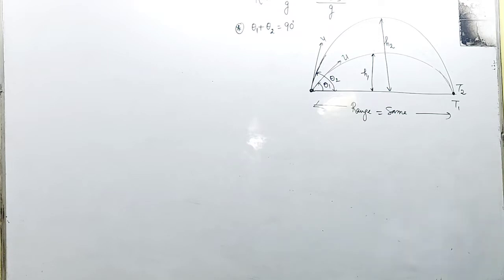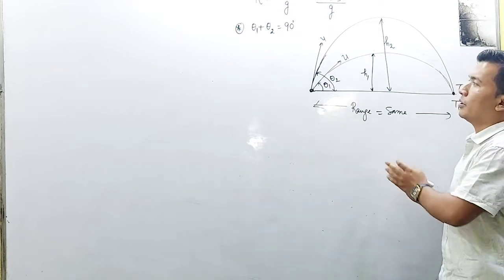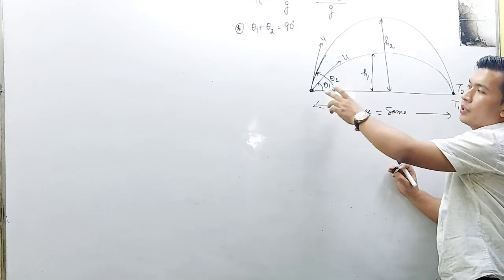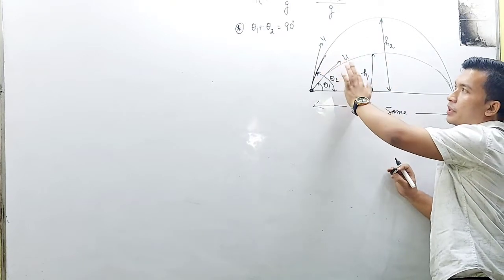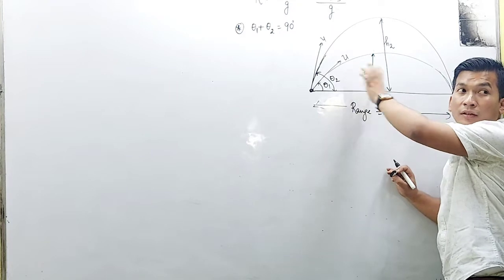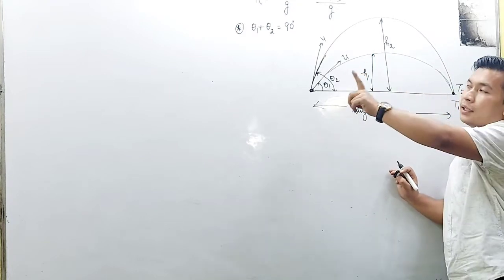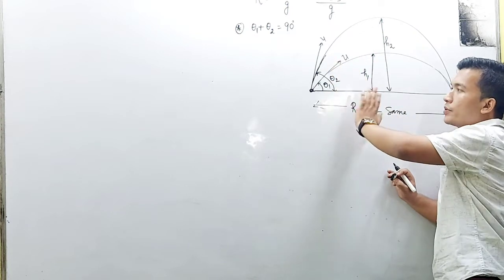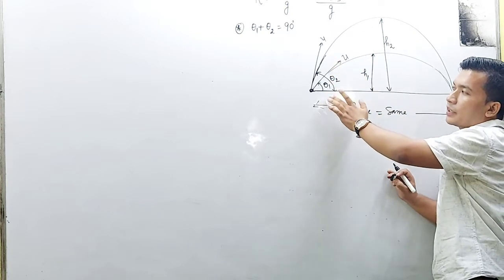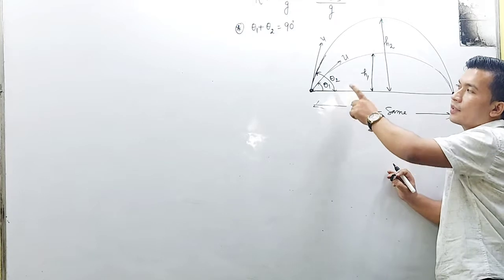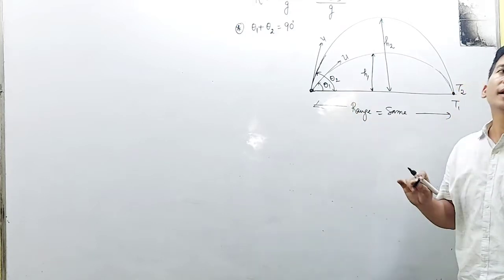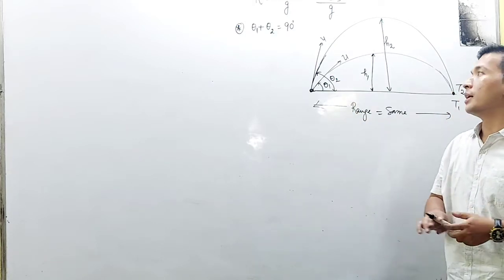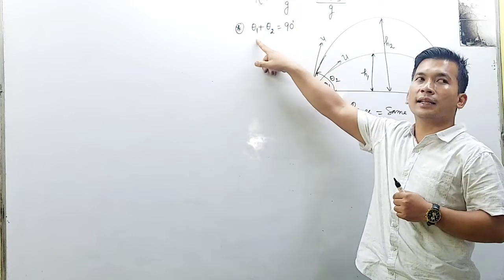To get the same range we need two conditions. The body must be projected with the same speed, and the two projectiles must be projected at two different angles such that the sum of the two angles is complementary, 90 degrees.